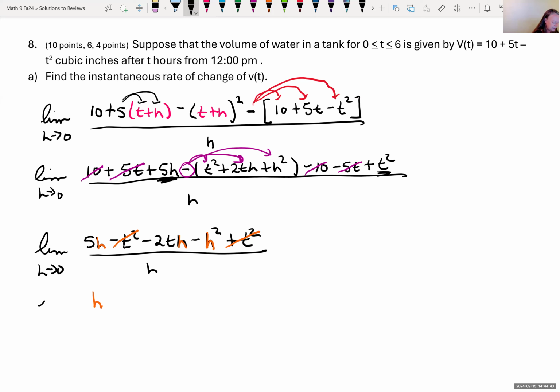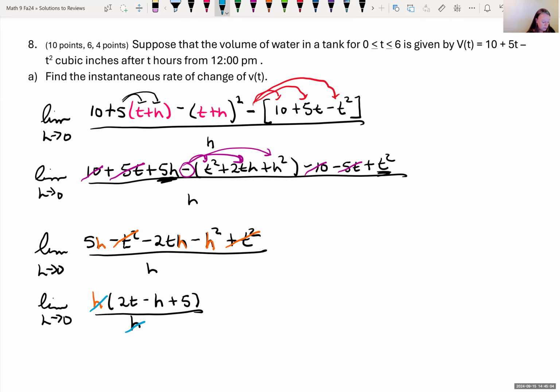So let me bring down my limit because I haven't taken it yet. So limit as h goes to 0, h times the quantity of 2t minus h. Oops, and I forgot my 5, so let's just do plus 5 over here. All over h. So h is canceled.